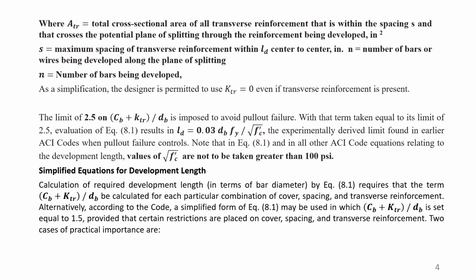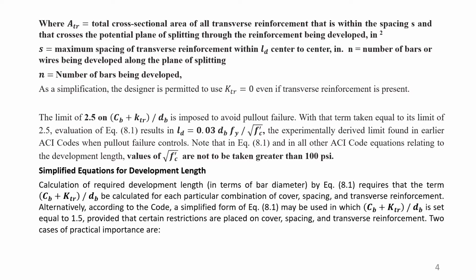I have pointed out some of the points earlier. That's ATR, total cross-sectional area of all transverse reinforcement. That means in the transverse reinforcement, ATR is the area of transverse reinforcement. Normally in a beam there are two legs of stirrup, and the area ATR is the area of the stirrup diameter multiplied by 2.